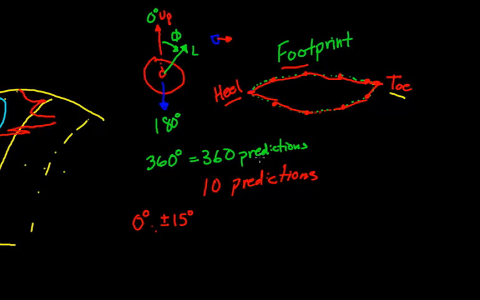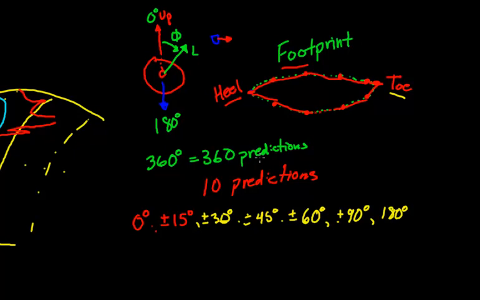And the heel and the toe, we use these terms to help guide ourselves. But anyhow, so we use 0 degrees for the toe, plus or minus 15, and maybe plus or minus 30 degrees, and then plus or minus 45 degrees, plus or minus 60 degrees, plus or minus 90 degrees, and then 180 degrees. Now this is the exact same as plus or minus 180 degrees, so it doesn't really matter.